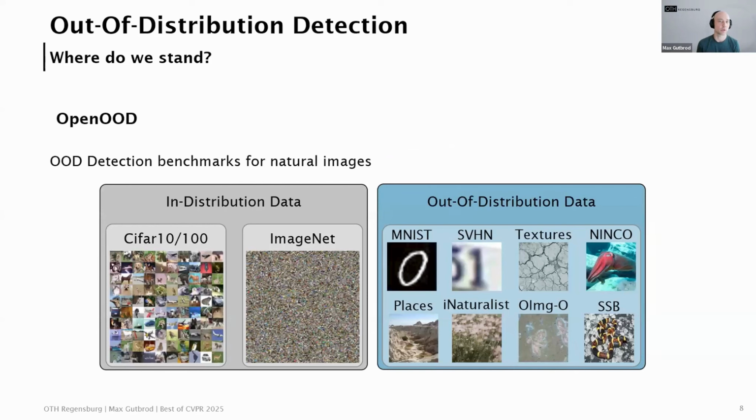This framework covers datasets with natural images like CIFAR-10 or 100 or ImageNet, and compares these in-distribution datasets to various well-known OOD datasets, like on the right side. But what we can also see is this benchmark does not cover medical imaging at all, but only natural images.